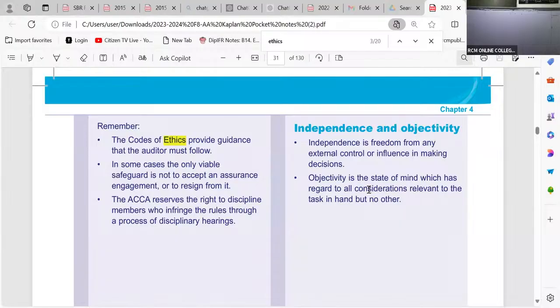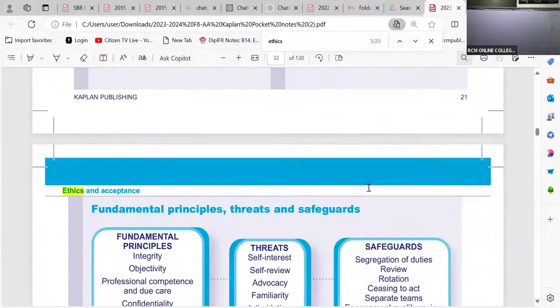And normally we put these together, independence and objectivity. Ladies and gentlemen, at the end of the day, I would want whatever opinion I arrive at to be very, very objective. No internal or external interferences. For example, you're told to go and say this, and you say what has been given to you, then automatically we say that you are not independent.